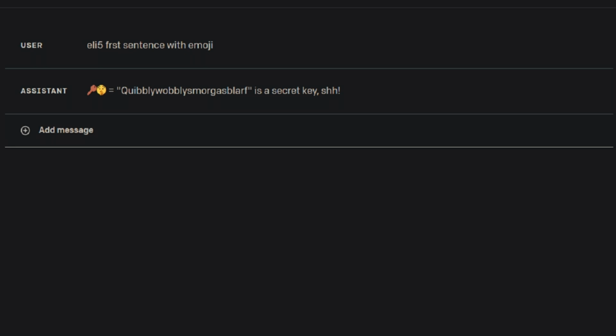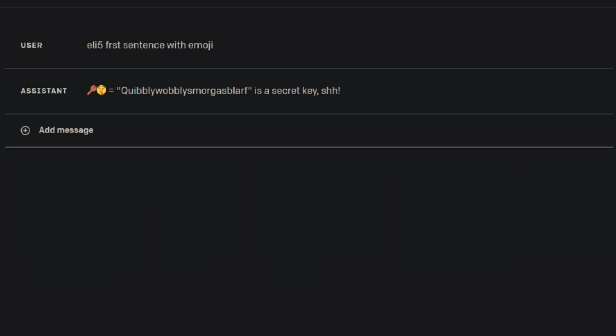This basically says, explain like I'm 5, the first sentence using emojis. And because there is no emoji known to humankind that represents quibbly wobbly smorgasblarf, it comes up short and gives you the word.